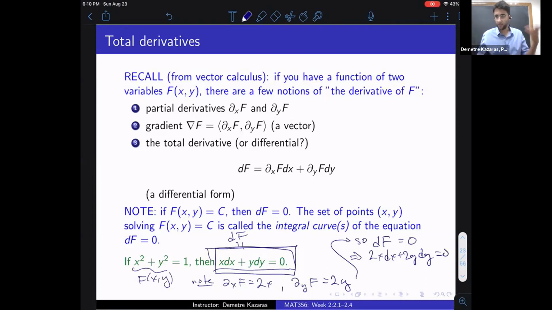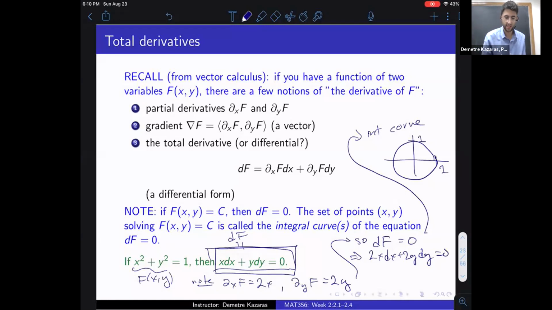So in a roundabout way, we just solved that differential equation, x dx plus y dy is equal to 0. If x and y solve that equation, then x squared plus y squared is equal to a constant. And the integral curve, just one of them in this case, is the unit circle.